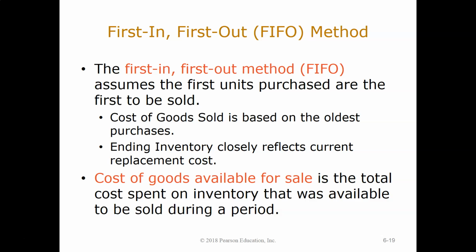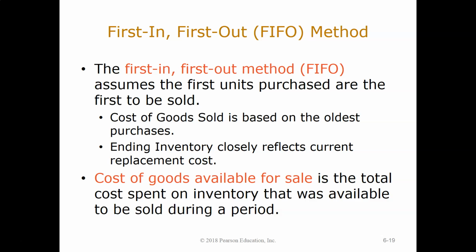All right. When we talk about cost of goods available for sale, don't confuse it with cost of goods sold. Available for sale means all the inventory that was available during a period. What was the total cost? Now, some of the available for sale will be transferred to cost of goods sold because customers will buy them, and the remainder of them will be kept in ending inventory.